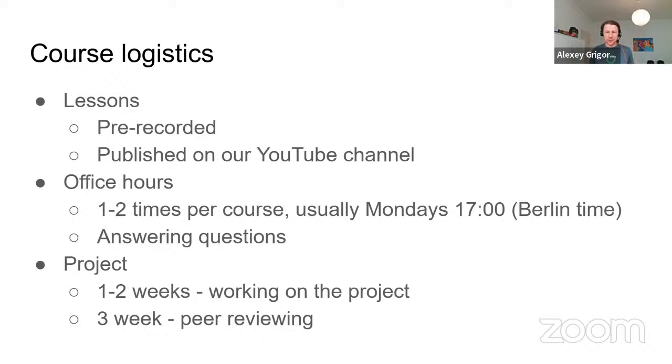So we rely on peer reviewing for evaluating your projects, which means that after you complete your project, you will need to evaluate your peers. And usually you will need to evaluate 3 peers. So the same students as you, and there's a list of criteria that you need to use in order to evaluate the project. I think we have some examples here, but we can talk about this later.